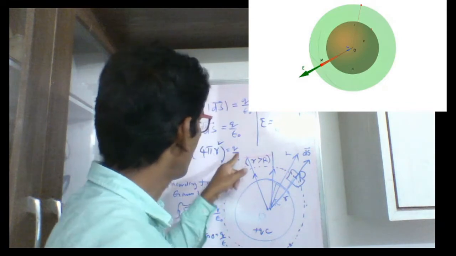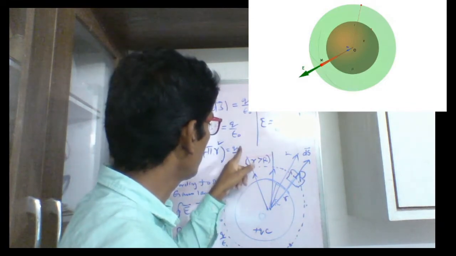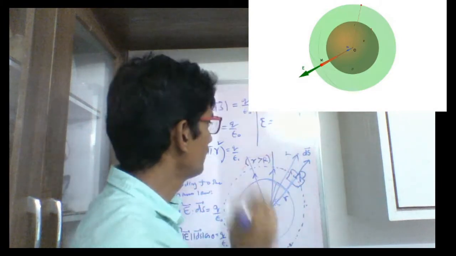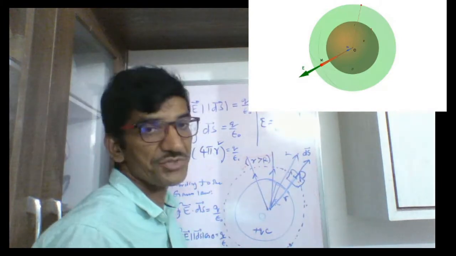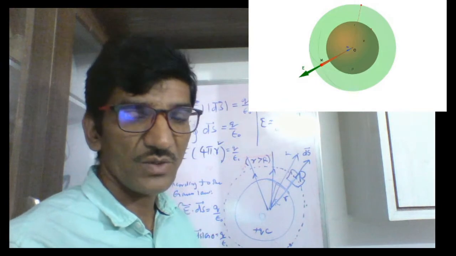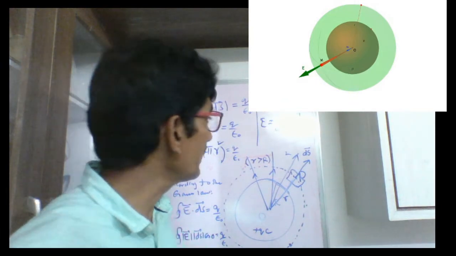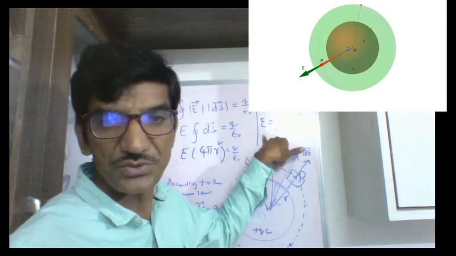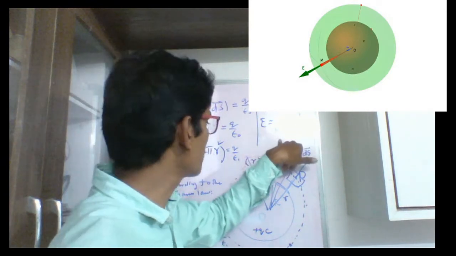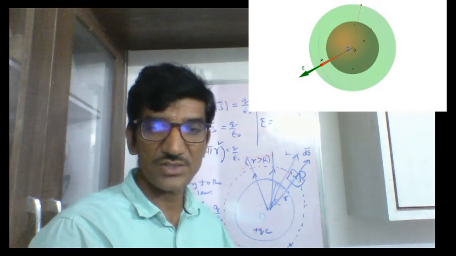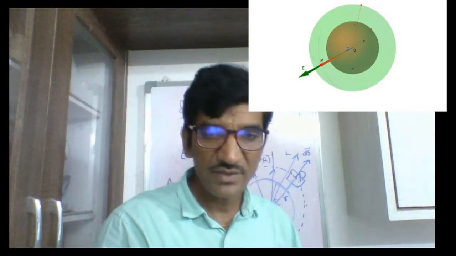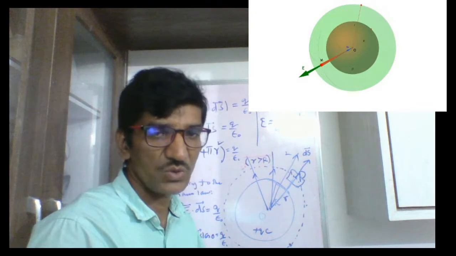What is here? Q is there in the numerator on this side. So what is the expression for E? From this previous step, E is equal to 1 by 4 pi epsilon naught Q by r square. In the previous class we discussed two problems.